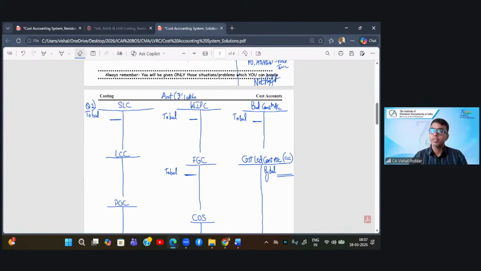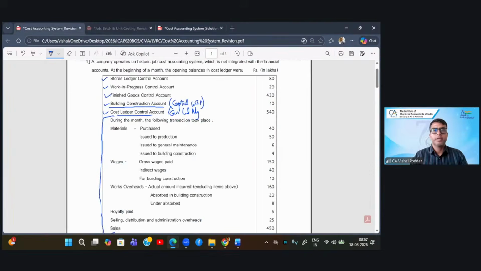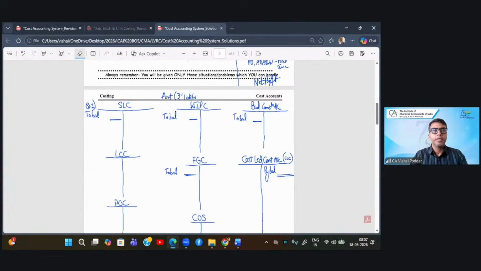Now here the opening balance is given, but we will cross check whether it is tallying with what I just explained, so that you understand that in the exam you have to do it yourself that way. So 80, 20, 430, 10.